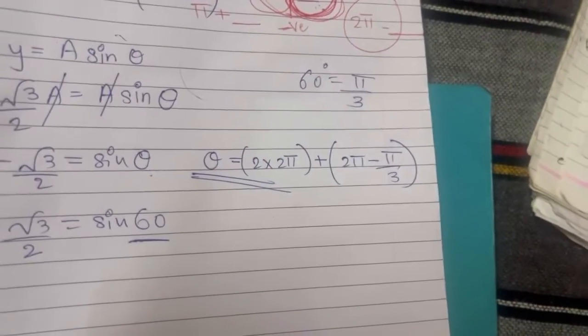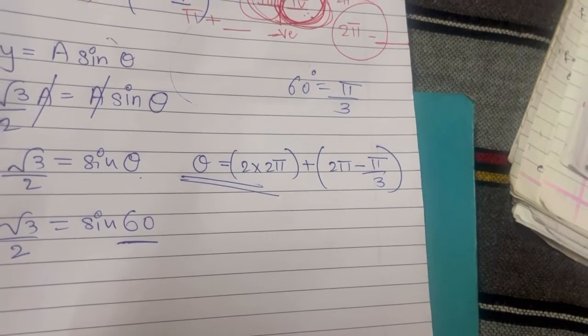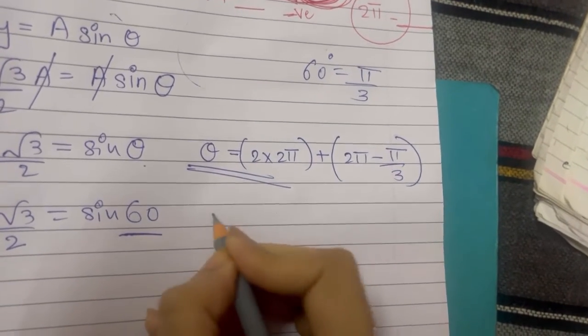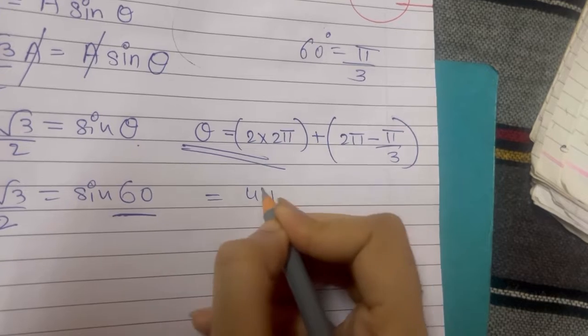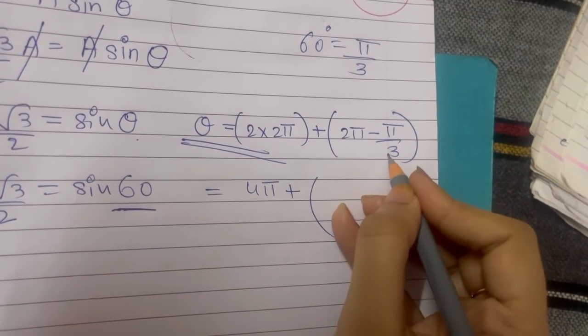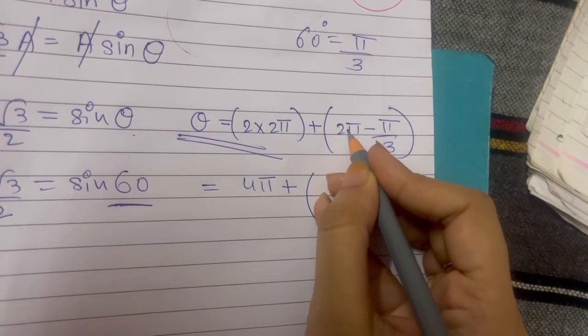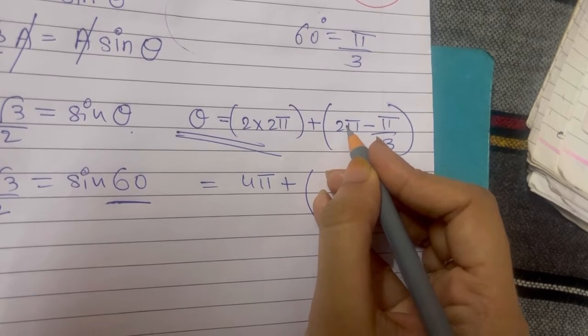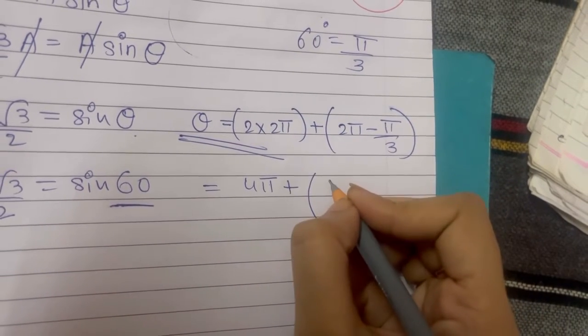Okay, we can solve it further. This becomes 4 pi plus, yeah, we can open it or we can just keep it.